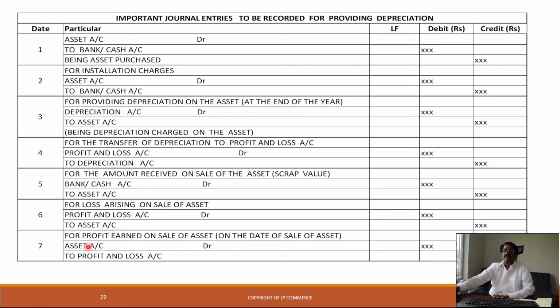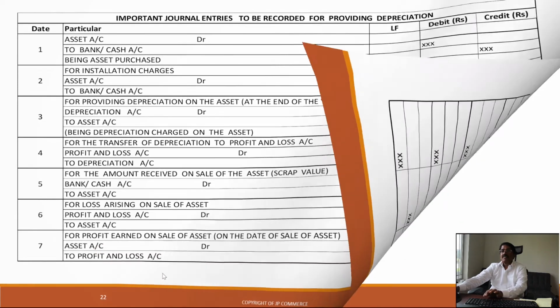And if any profit is earned on sale of the asset, at the end, asset account debit to profit and loss account, as we are reversing the earlier entry. See, here the profit and loss account is debited, and now here the profit and loss account is credited. So we have reversed it when we earned a profit on sale of an asset.